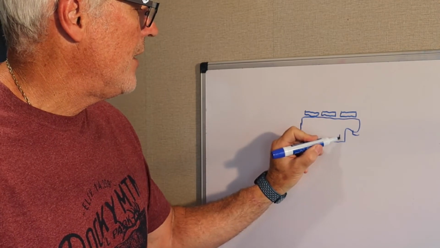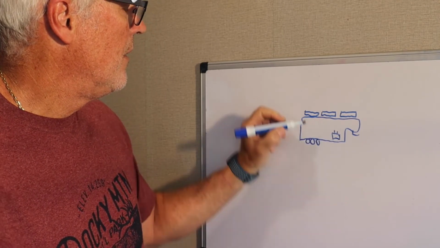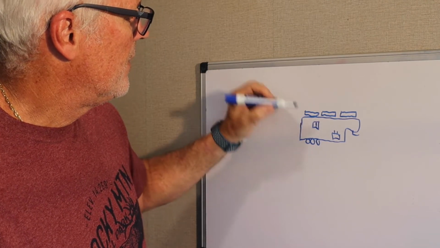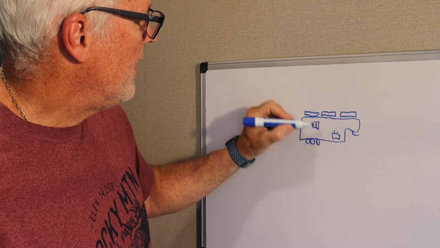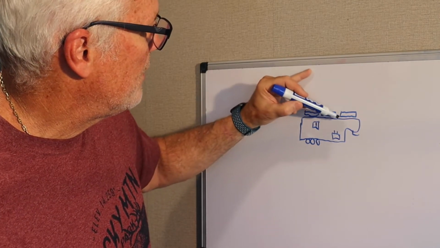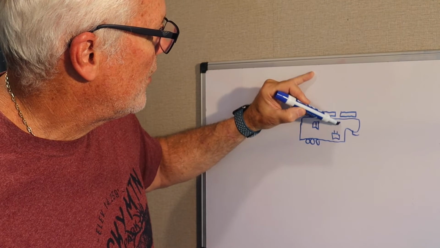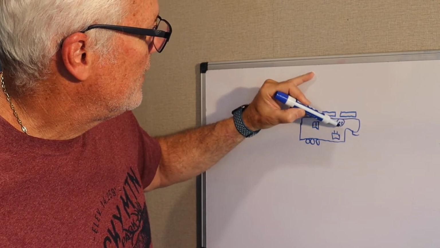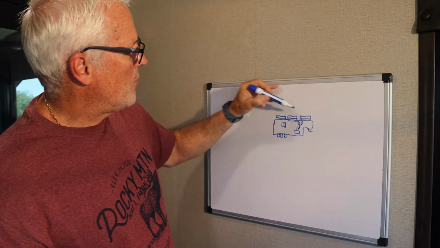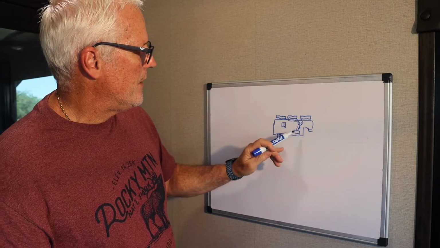Again, we have our battery. We have an inverter, and we have all our solar panels, let's draw them over here, going through our charge controller into our battery. So our solar panels go through our charge controller into our battery.